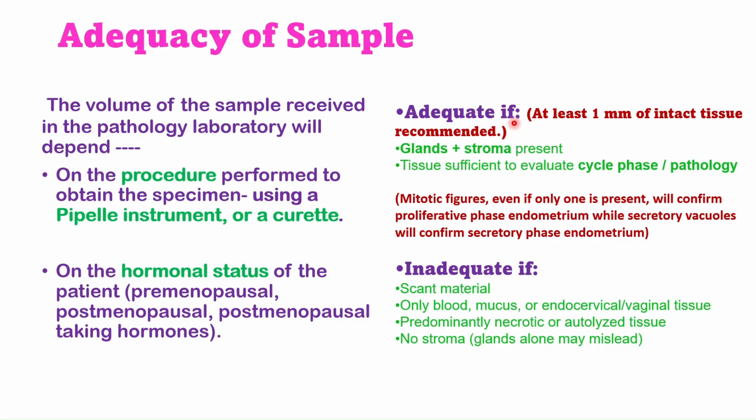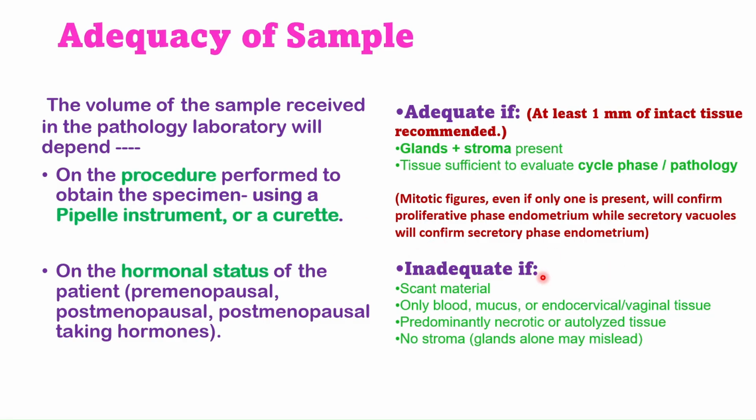It is considered adequate if glands and stroma are present or tissue is sufficient to evaluate cycle, phase, or pathology, and at least 1 mm of intact tissue is recommended. If even one mitotic figure is present, it will confirm proliferative phase endometrium, while secretory vacuoles will confirm secretory phase endometrium.